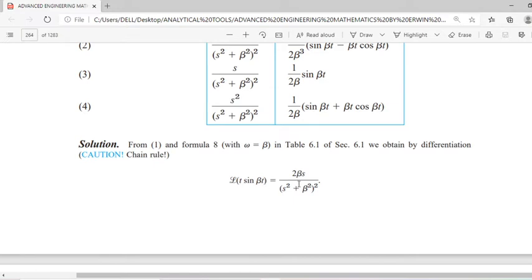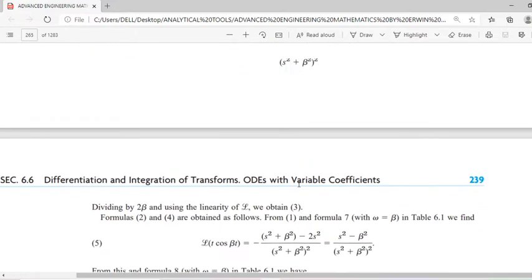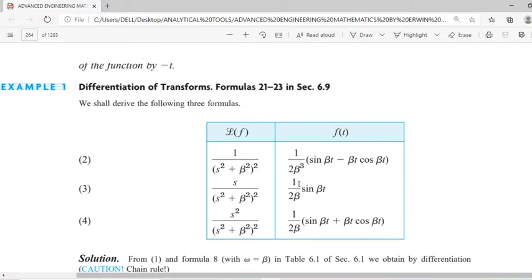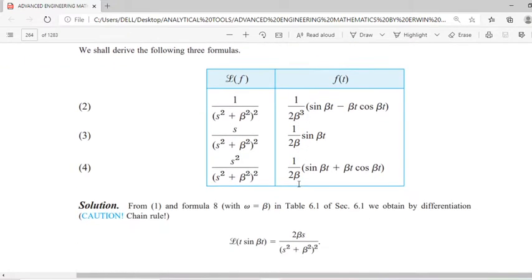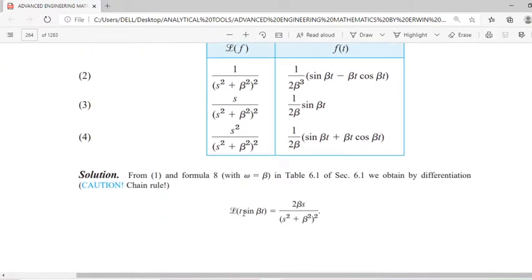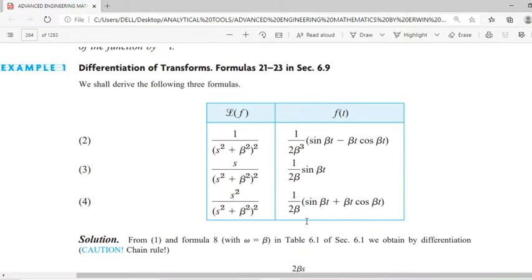F(s) is equal to L of sin beta t, so that will be beta by s square plus beta square.